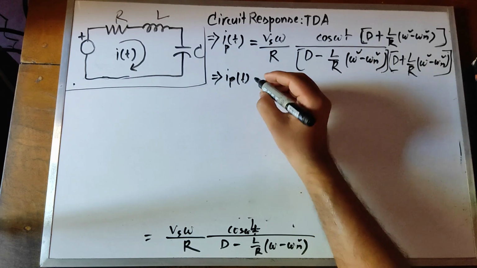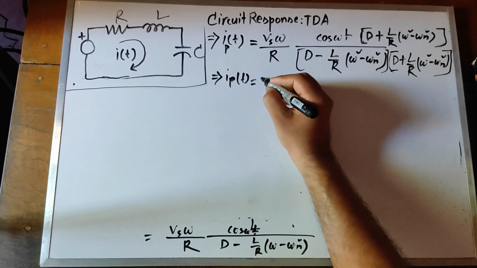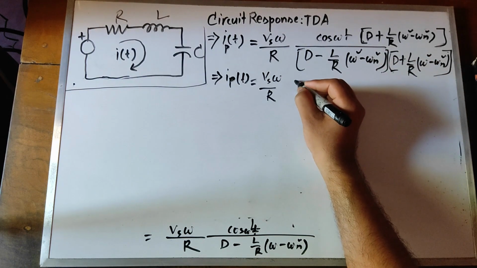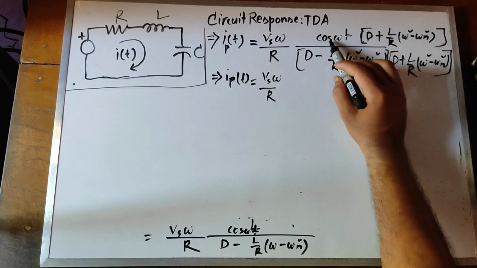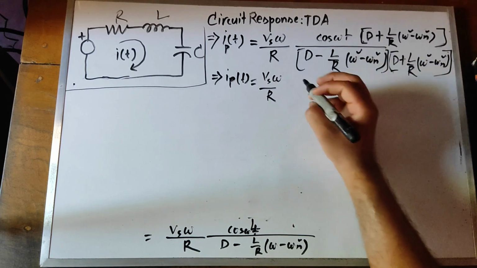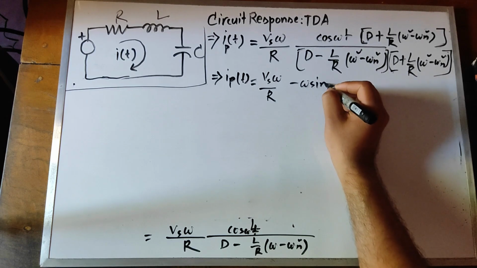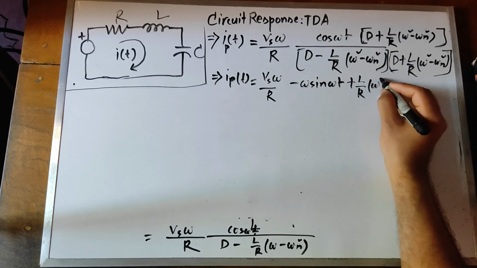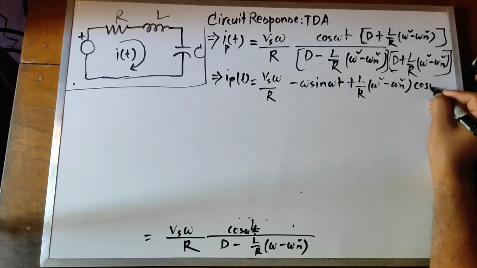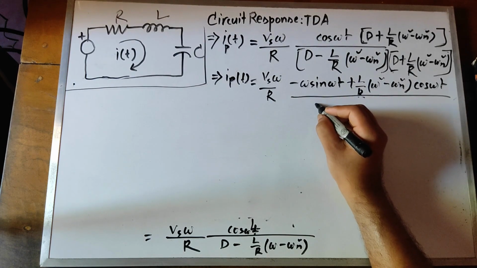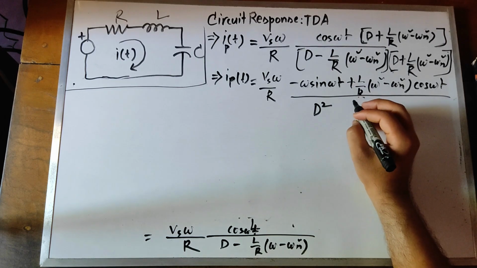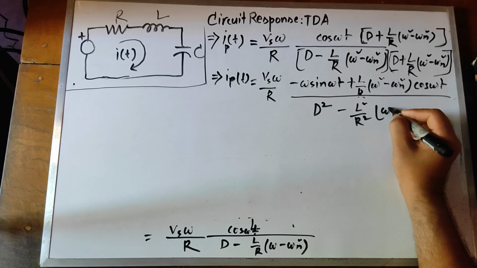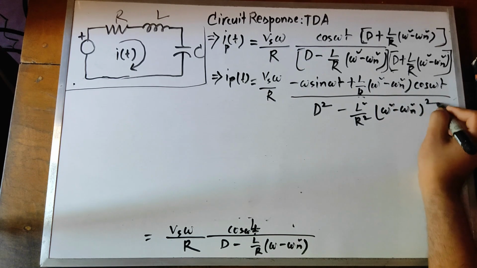So Vs is the magnitude by R, and if I multiply this with cos omega t, D is differentiation, so it will give me minus omega sine omega t plus L by R (omega squared minus omega n squared) cos omega t by D squared minus L squared by R squared (omega squared minus omega n squared) whole squared.